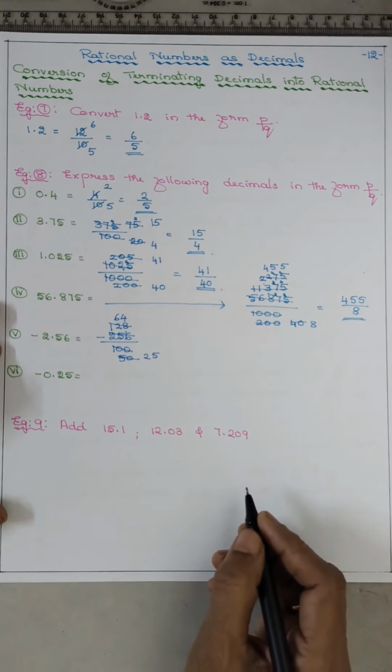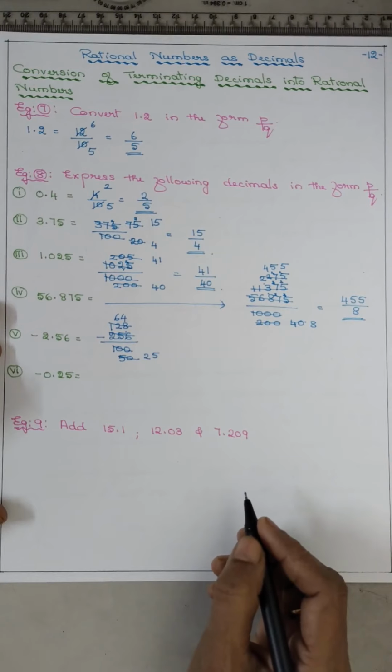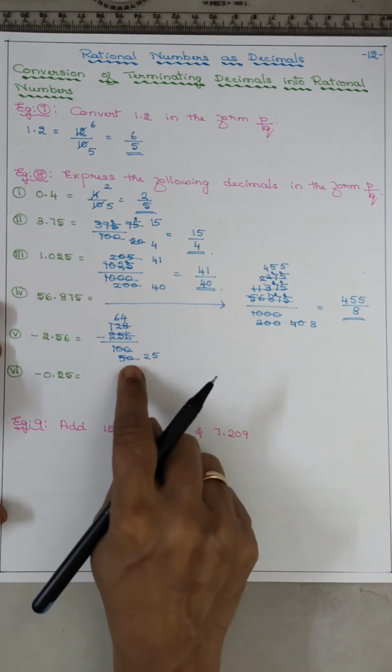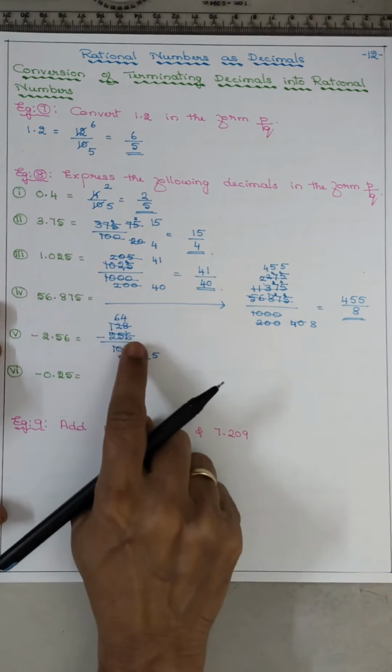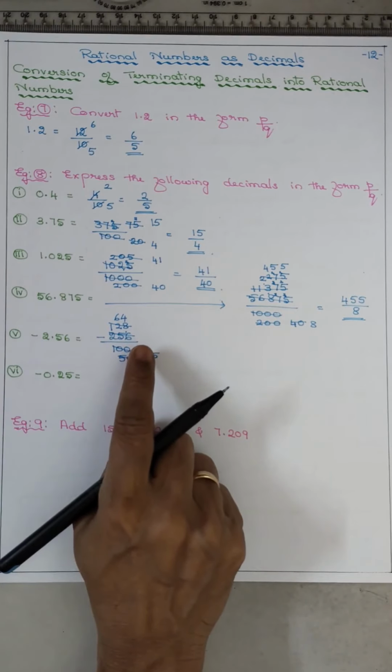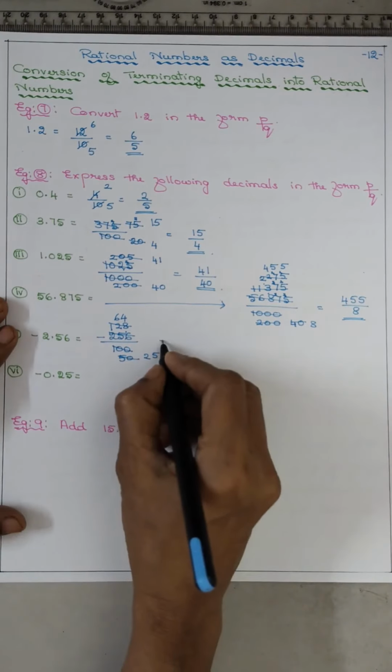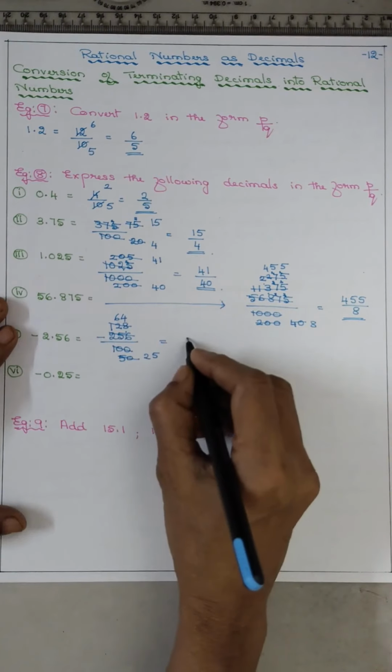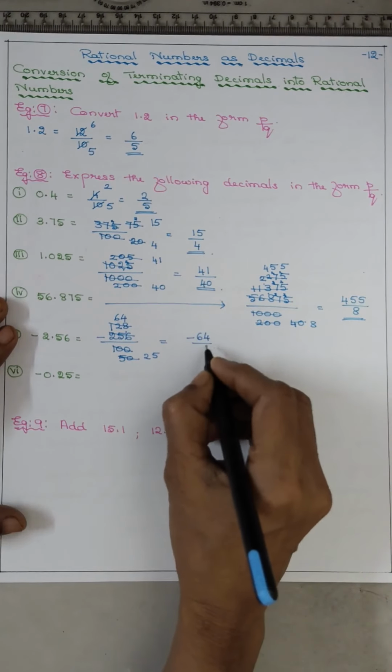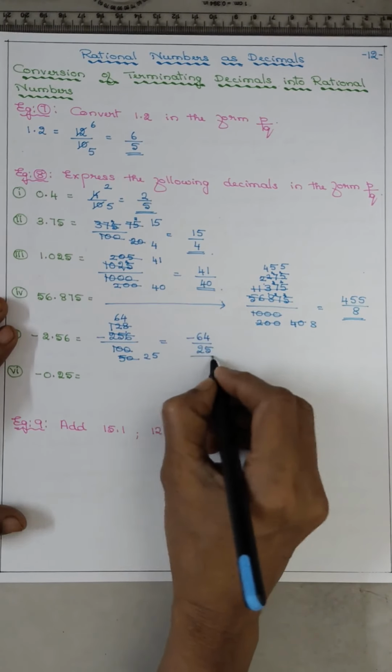You could have done directly by 4 also, okay. So 4 25s, 4 6s are 24, 1 remains, 4 4s are 16. So minus 64 upon 25.